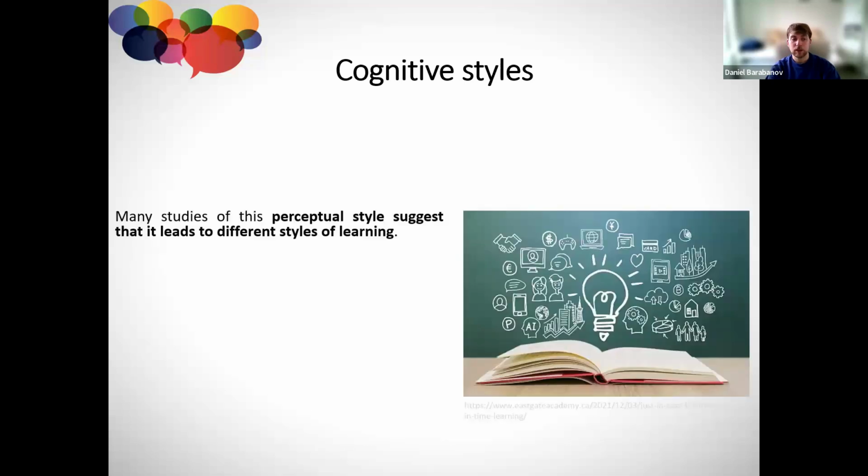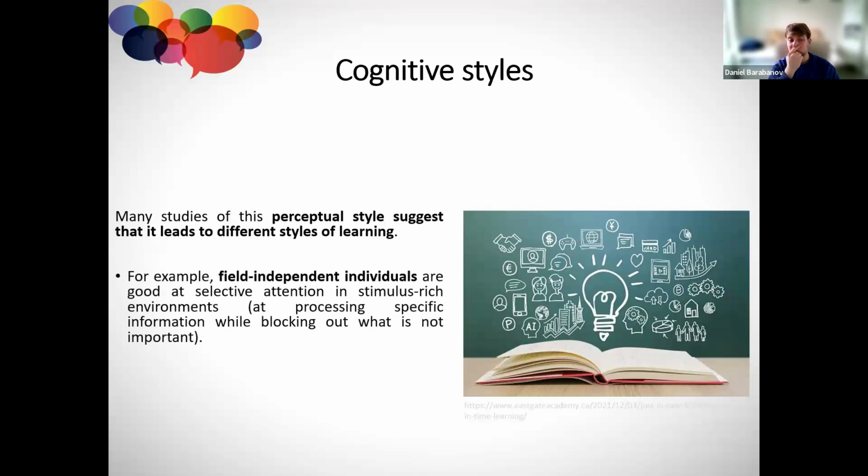Many studies of this perceptual style, the cognitive style of field dependence and independence, show that people with field dependency and independency prefer somewhat different learning strategies. For example, field-independent individuals have good selective attention. They can omit unnecessary information from the context and focus exactly on what's needed.